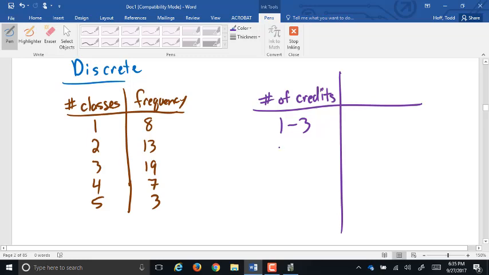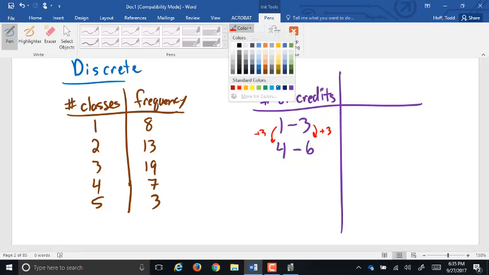Now that means the next one's going to start at 4, and it's going to have to go up to 6. This went up by 3. This one's going to have to go up by 3 on the end, right? So it has to, making sure those groups are the same size.